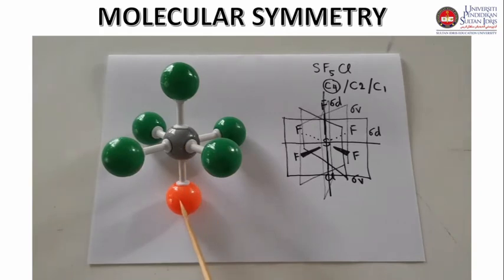So the atoms are not the same, and there is no center of inversion in this molecule, because chlorine and fluorine are different along the sulfur. The four fluorines are the same, but up top and below are not the same. So the center of inversion does not exist in this molecule.